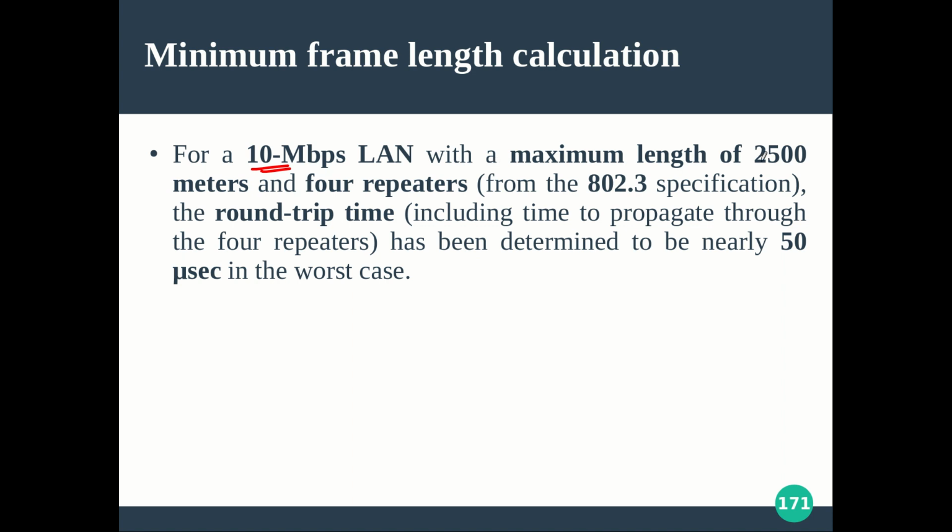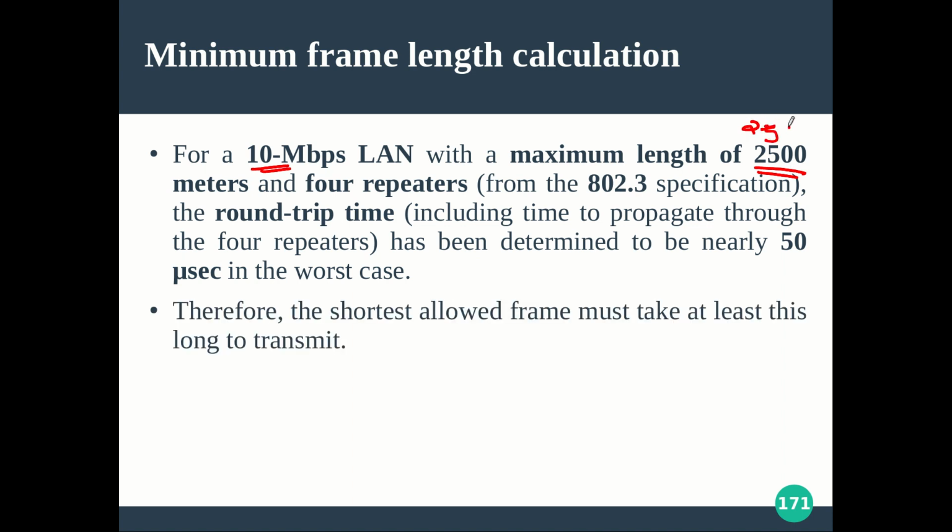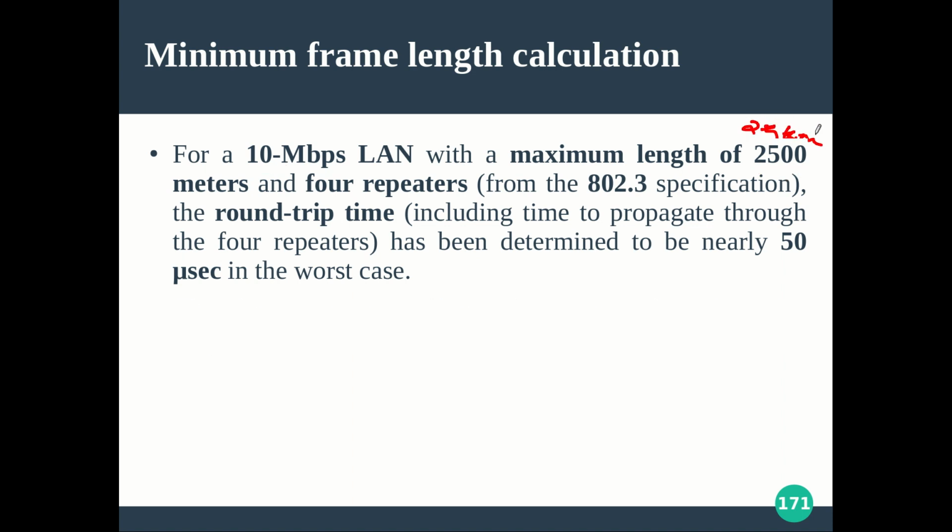The maximum length of 2500 meters, or 2.5 kilometers, something we already saw, right? 2.5 kilometers and 4 repeaters are supposed to be there as per the 802.3 specification. Maximum length means between a sender and receiver, the maximum distance allowed is 2.5 kilometers and 4 repeaters are also allowed at most.